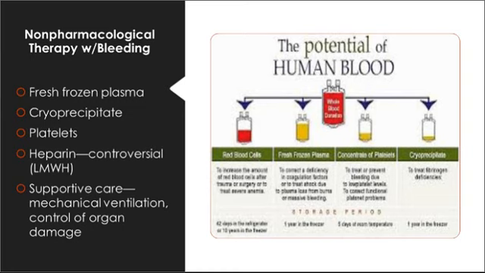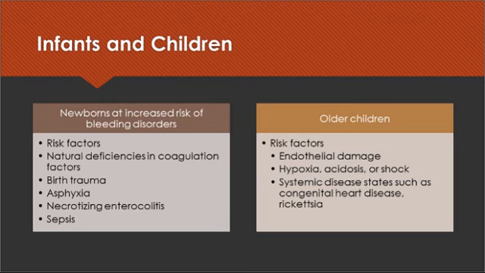If it's used, it's usually in the chronic, not the acute DIC, because you remember the chronic has the clotting, not so much the bleeding. And then your non-pharmacological is supportive care, ventilation, and anything you can do to prevent or lessen organ damage.